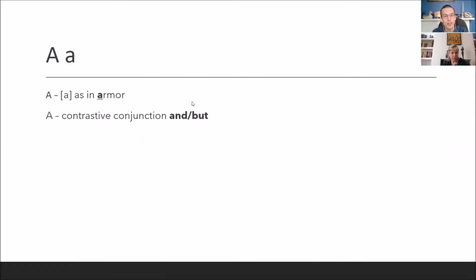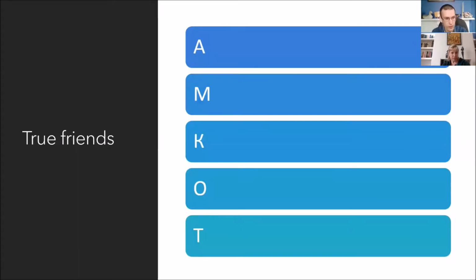So this is letter A, and it represents sound A. Letter M represents sound M. Letter K in English alphabet represents sound K. Letter O represents sound O. And letter T represents sound T. So far, very simple.